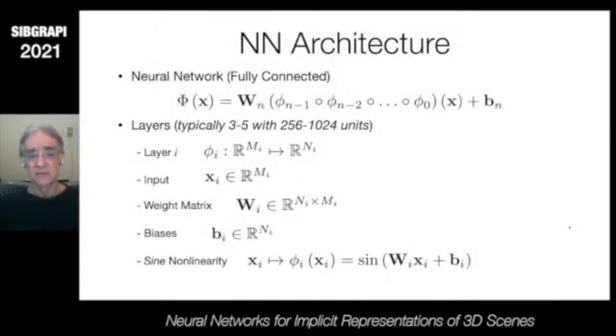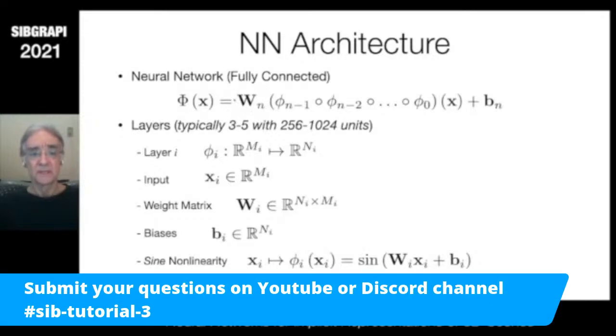And the neural representation is encoded by a neural network with a fully connected multilayer perceptron architecture. So basically, the parameters of this network that is representing the function are the weights of the multilayer perceptron and the biases of the multilayer perceptron.